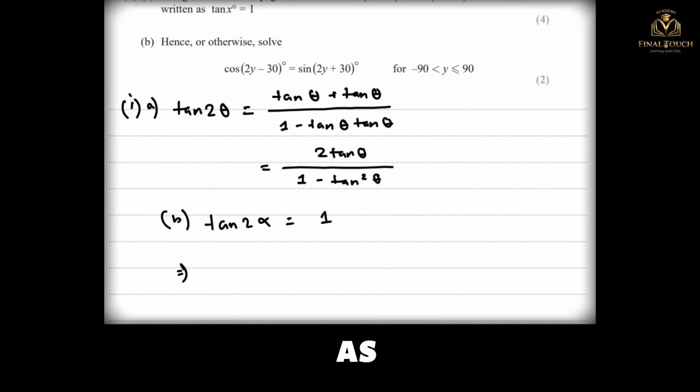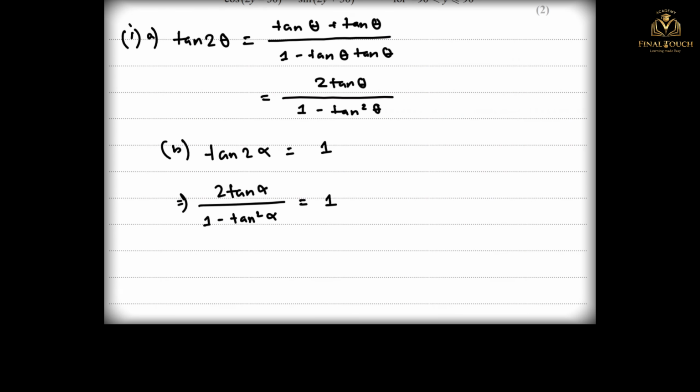We can write it as 2 tan alpha divided by 1 minus tan square alpha equals to 1. And then we can simplify it as 2 tan alpha equals to 1 minus tan square alpha.